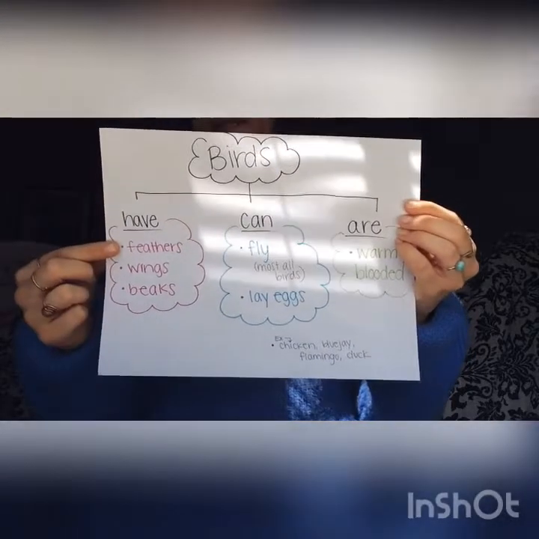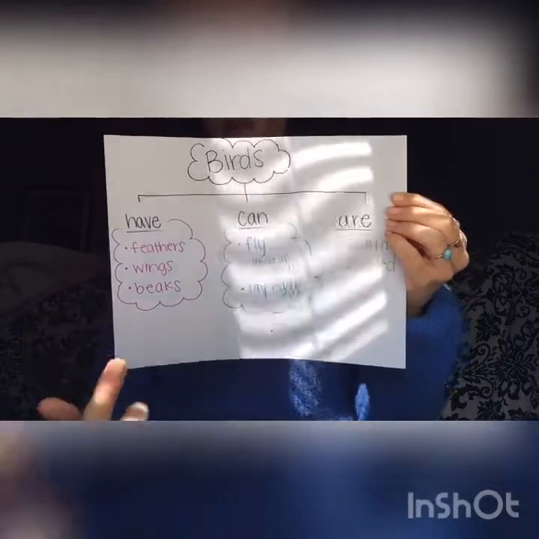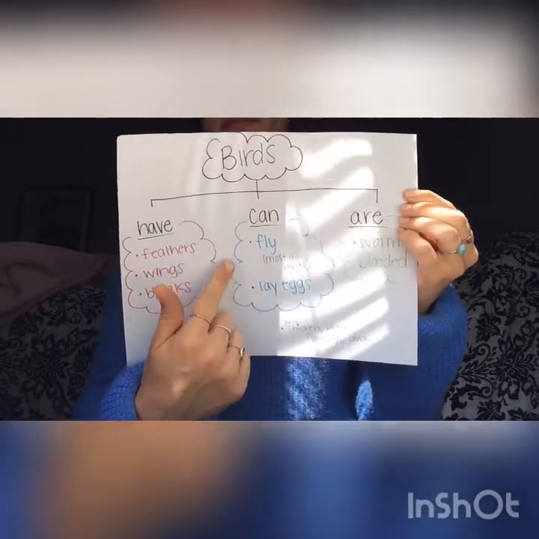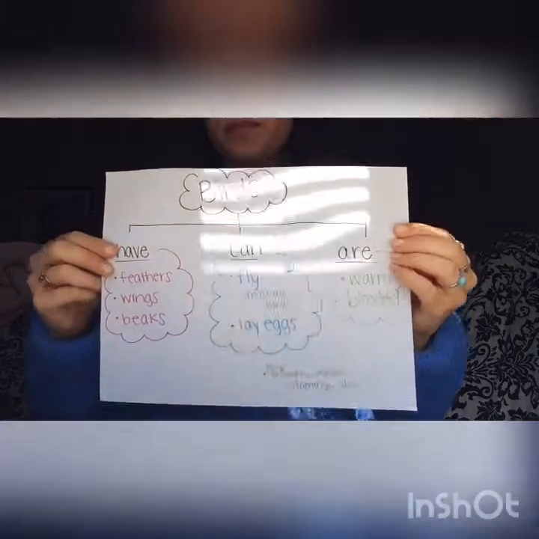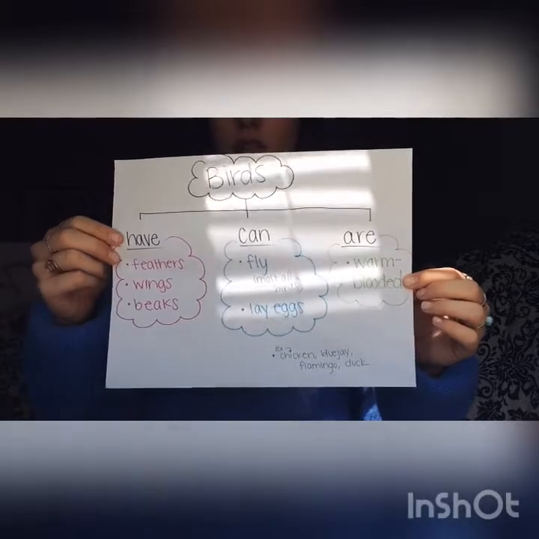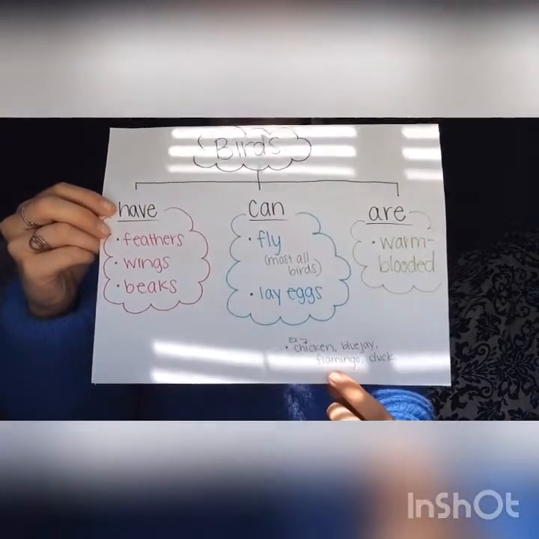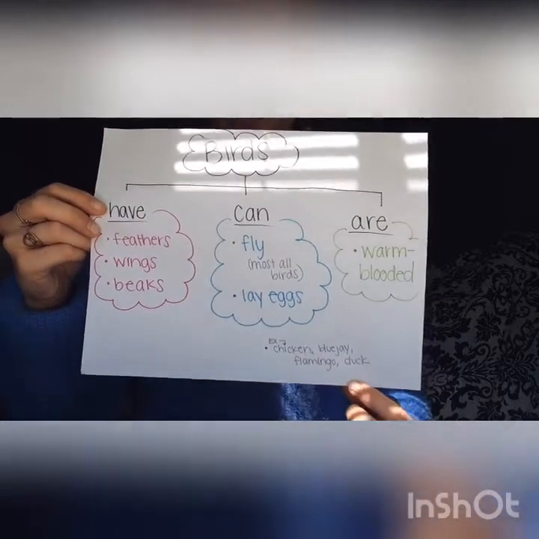And birds have feathers, wings, and beaks. Most birds can fly, and they can lay eggs. And they are warm-blooded creatures. Some examples of birds are a chicken, a blue jay, a flamingo, and a duck.